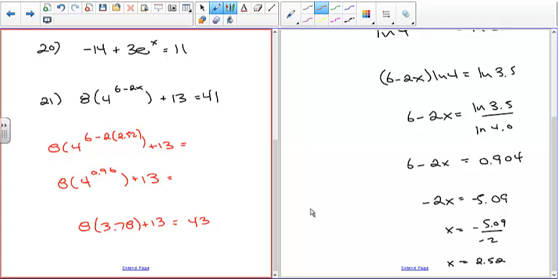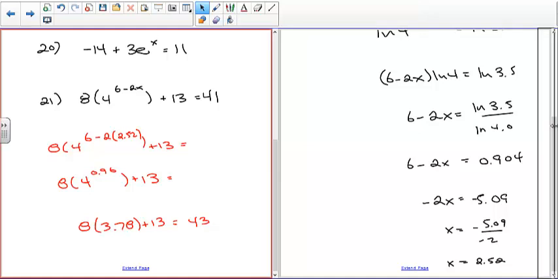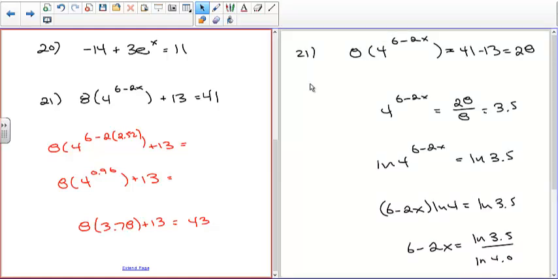So let's see if I've put the right number in here. Okay, so let's go back and check this thing out. 8 times, okay. So we subtract 13 from both sides. 41 minus 13 is 28. 28 divided by 8 is 3.5.